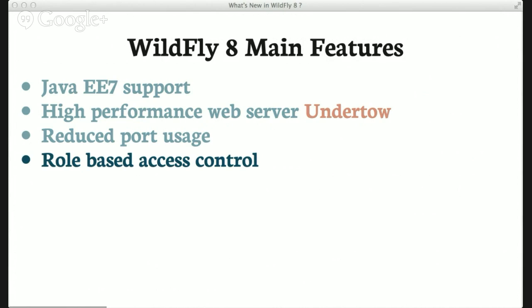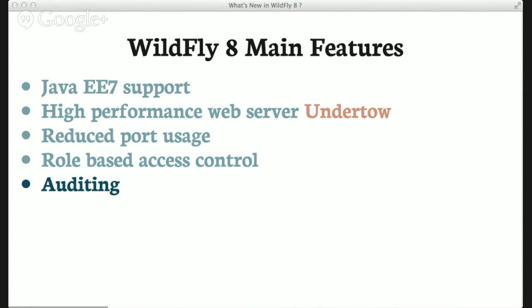Another important feature is that we have the ability to segment administrative responsibilities based upon different user roles. This allows users to be restricted to specific areas of the console, such as to deploy an application or access privileged resources. And this is commonly known as role-based access control.